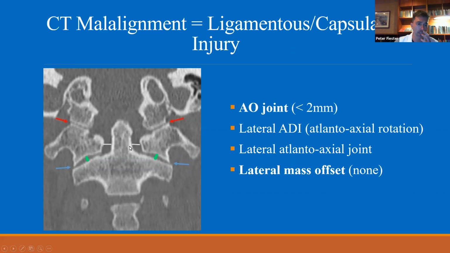And just for completeness, this white line designates the lateral atlanto-dens interval, the space between the dens and C1. This space can be fairly strikingly asymmetric in a normal individual, because with any degree of physiologic rotation of C1 and C2, there's going to be some asymmetry in this relationship. And the lateral atlantoaxial joint is designated in green.